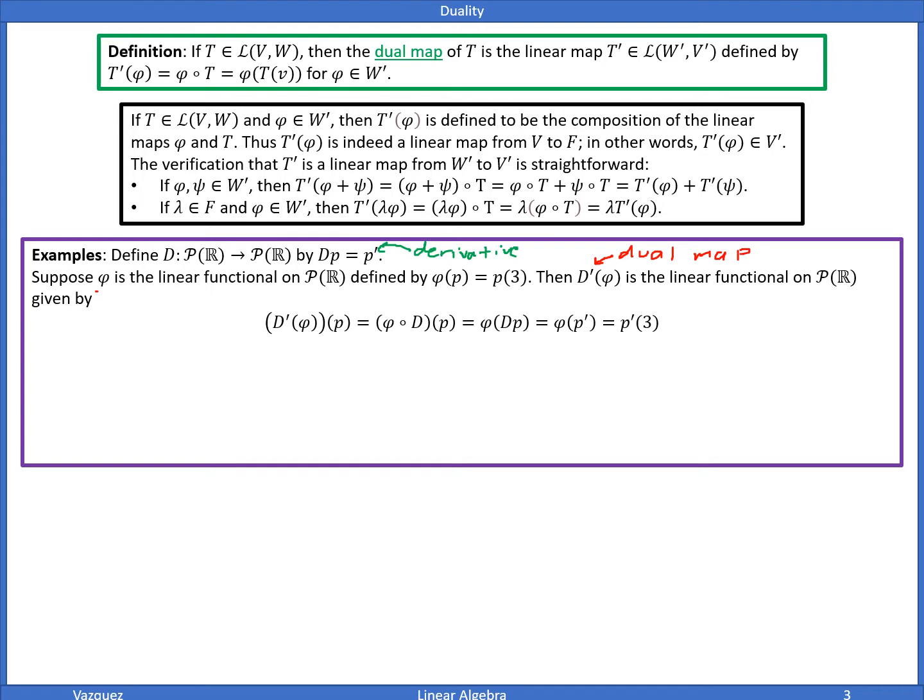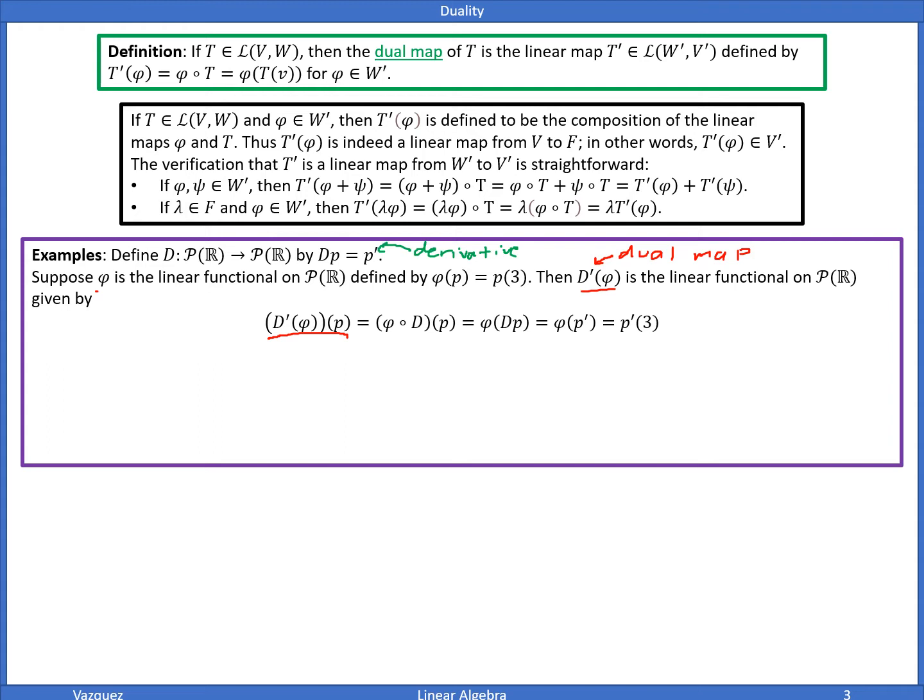Don't confuse those. We're not saying derivative of D of phi. That's not what we're doing. We're just saying the dual map of phi is a linear functional on the vector space of polynomials defined like this. So here we just have the definition of a dual map, as you can see from above.